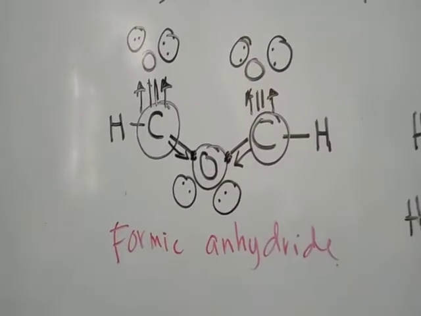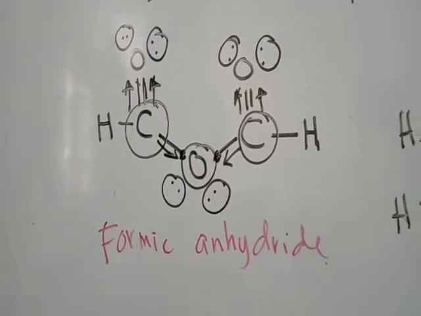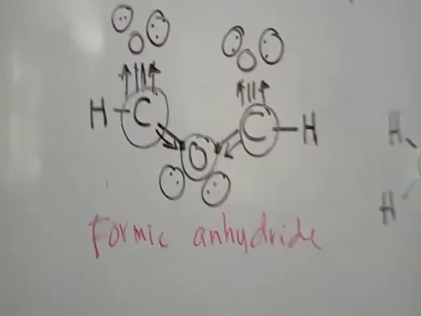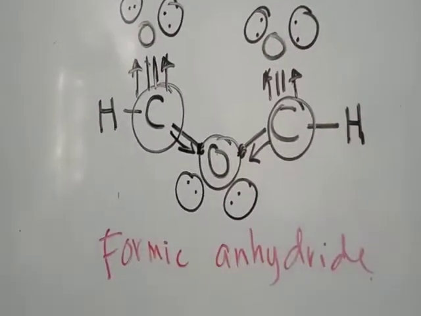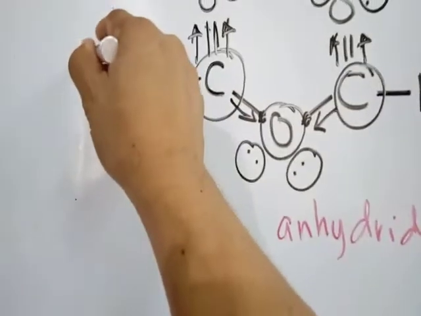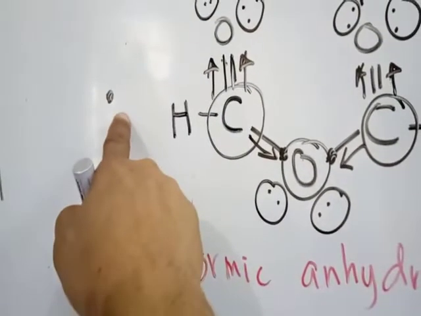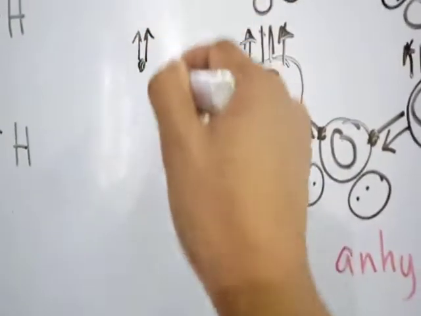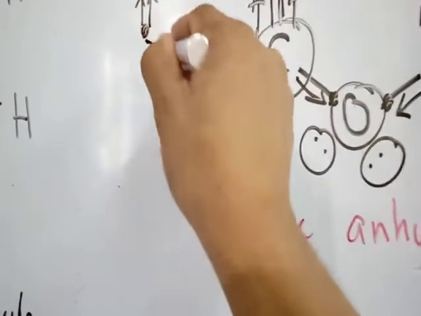Then number 4, shade all the central atoms with net dipole moment. Which means we isolate the central atom. So if this is the carbon, there are forces going this way and that way.